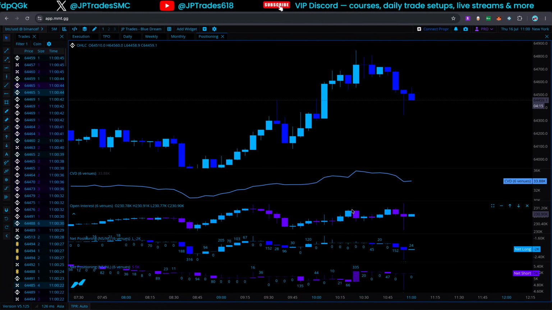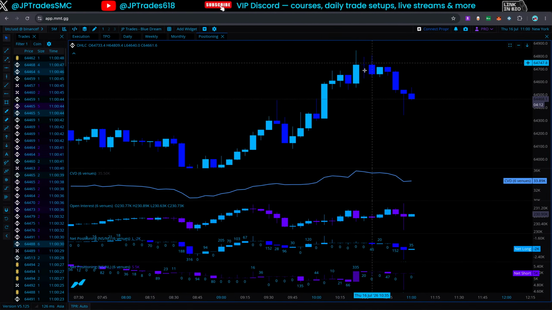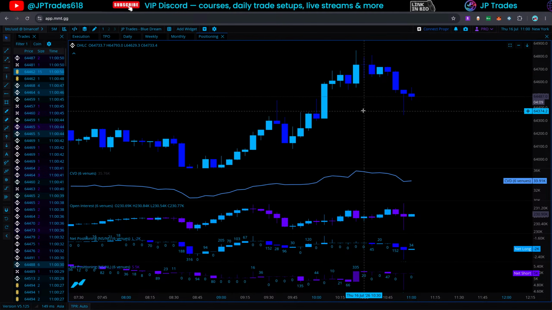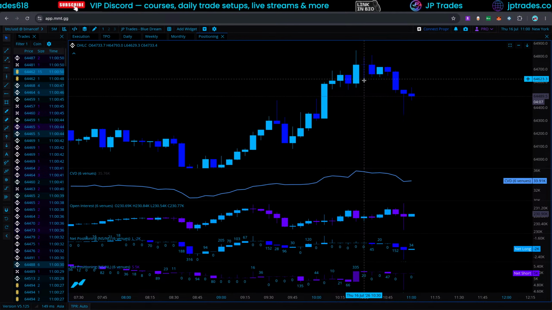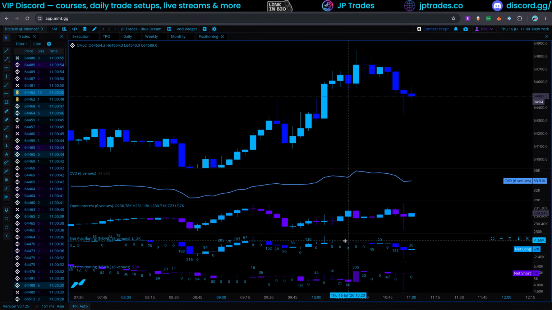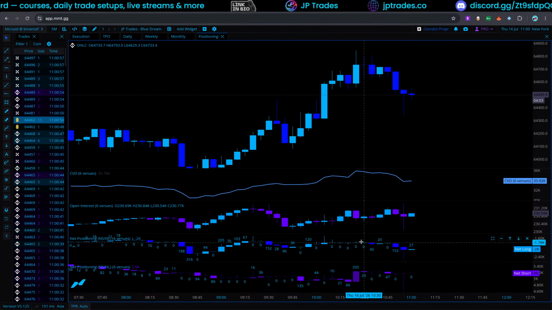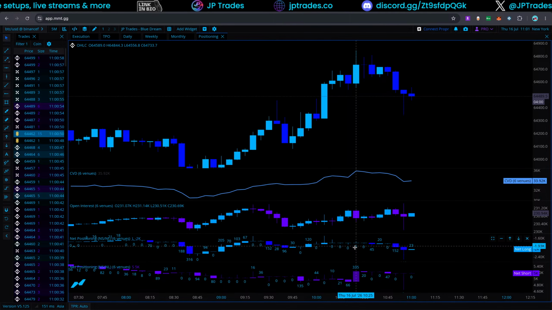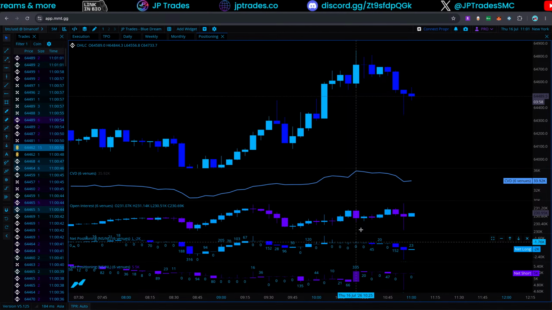You do get that open interest flush as we're flushing up. So you can expect that there's not a lot of longs opening. And what do we see here? We don't really see many new longs opening, by the way.